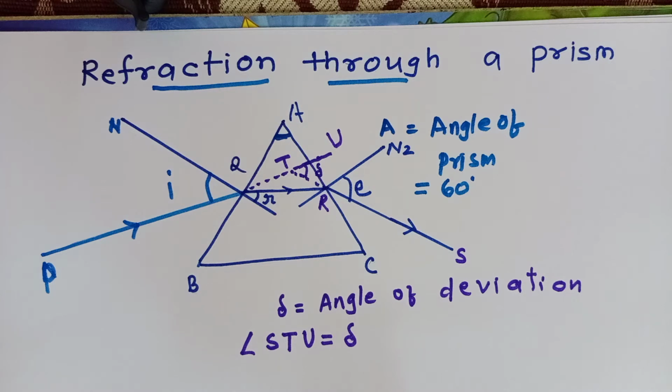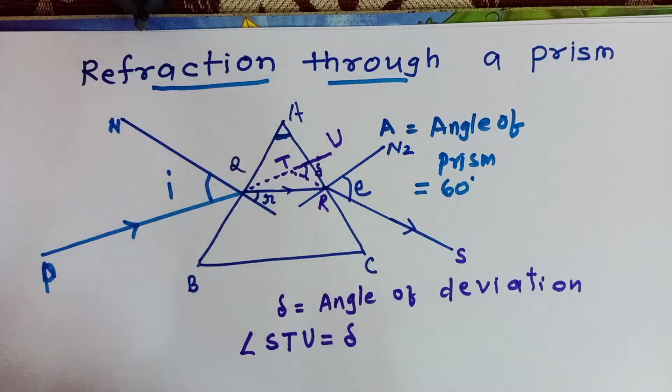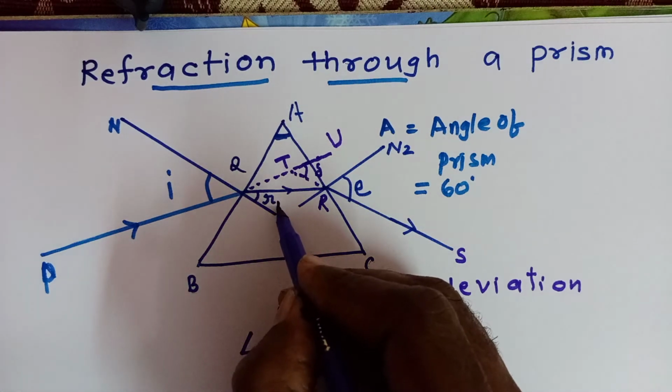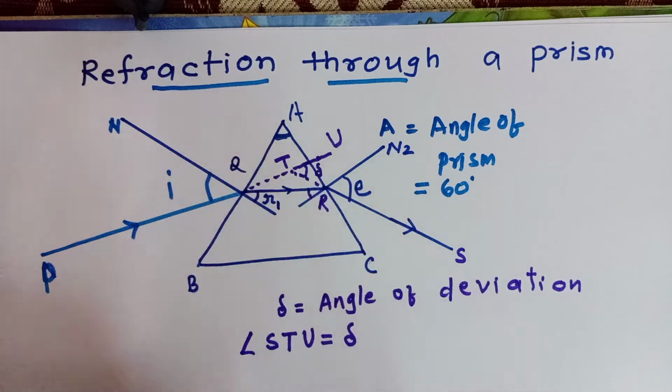And we have to derive an expression which will have a relation between delta, I and R. Now see this angle. We can draw one more diagram for this. This angle is R1. Here also this angle is suppose R2.